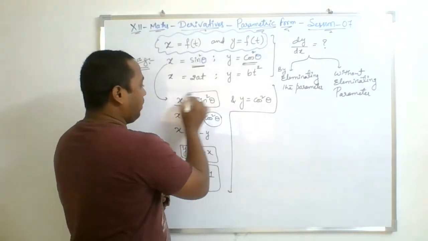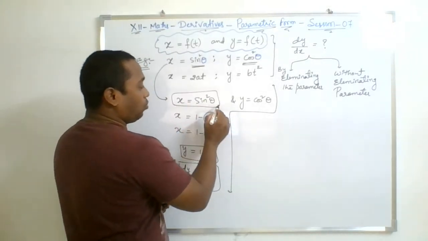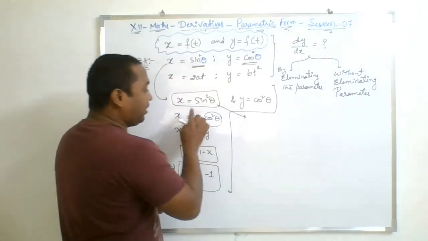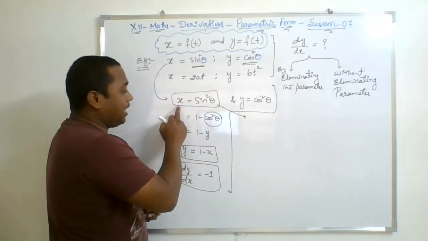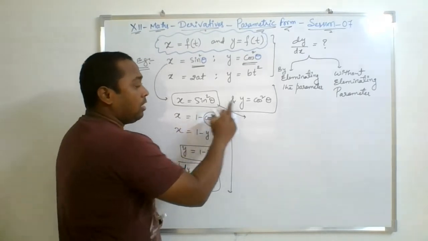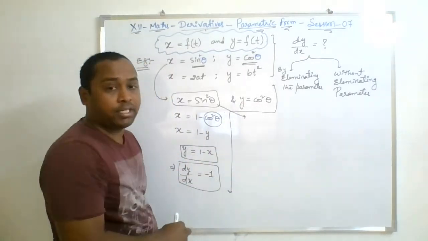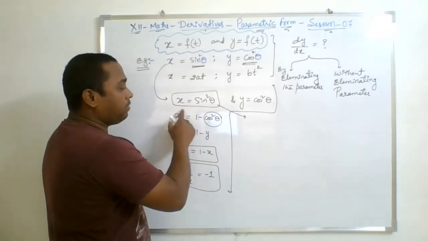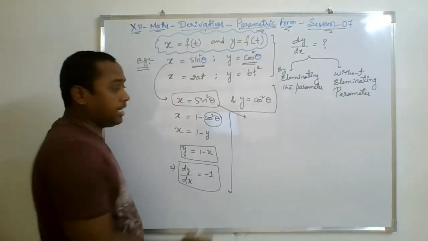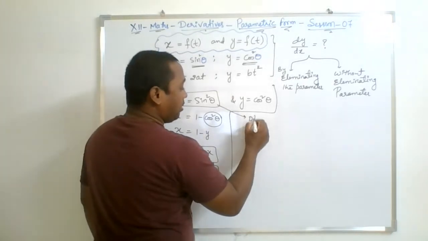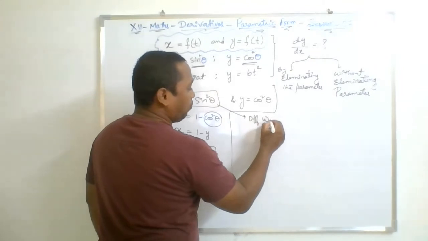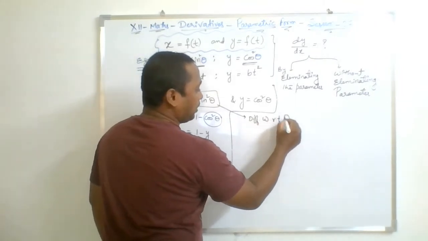First I will do the derivative of this function with respect to theta, because x is a function of theta, y is also a function of theta, so I am doing the derivative with respect to theta. So I am writing here: differentiate with respect to theta.